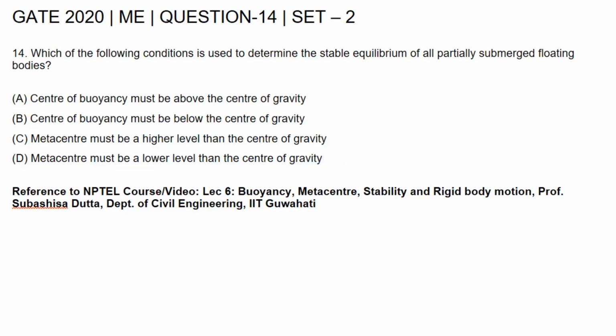Now let's understand the concept of stability of a partially submerged floating body with the help of suitable diagrams. Imagine this body as a partially submerged floating body. Let this be the water level or some fluid level.